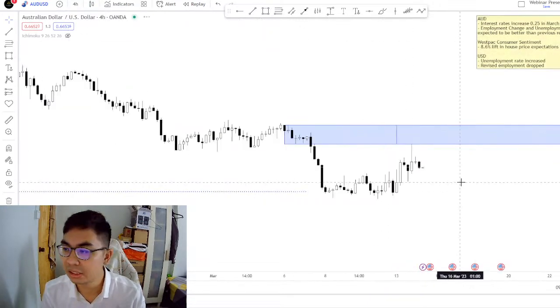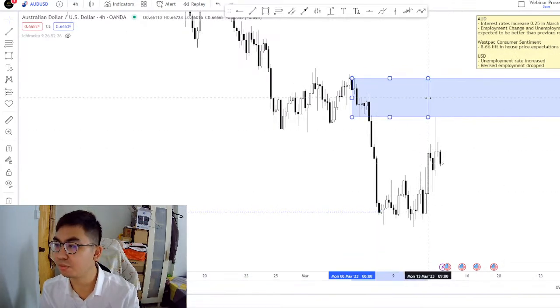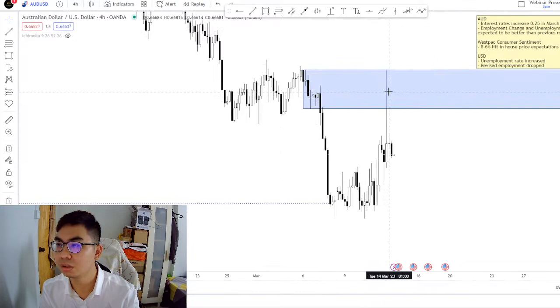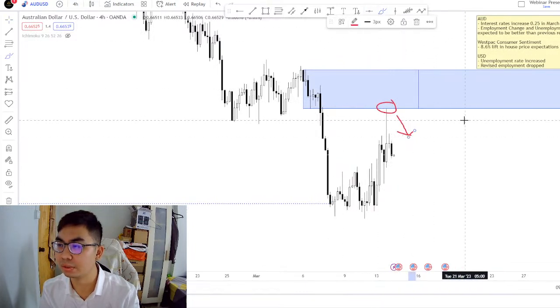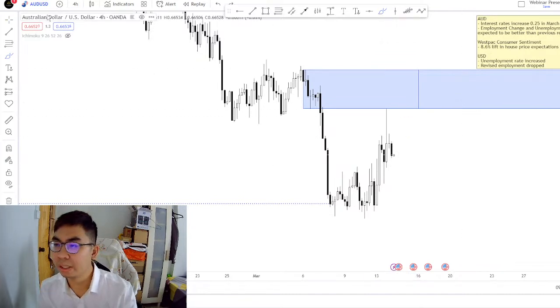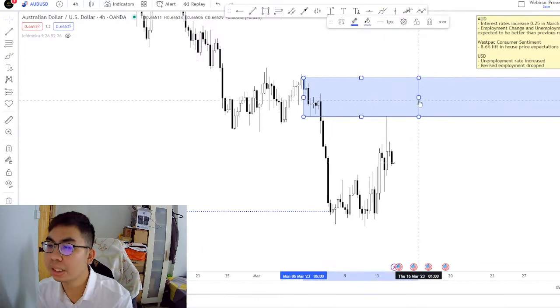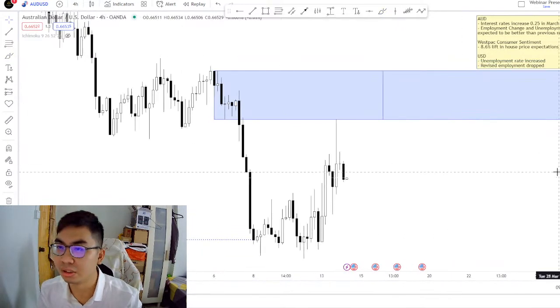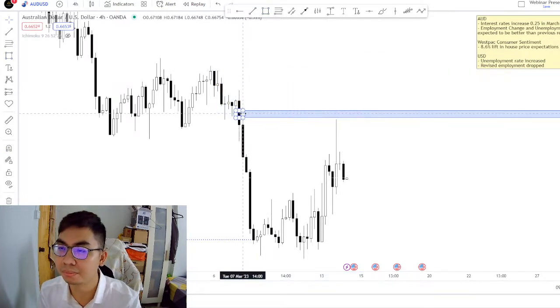Going towards the H4 chart, I noticed that price tapped very nicely into this area right there before it rejected towards the downside. At the very moment, I still think the Aussie dollar has some upward potential. What I particularly like about this area is there is an H1 fair value gap.